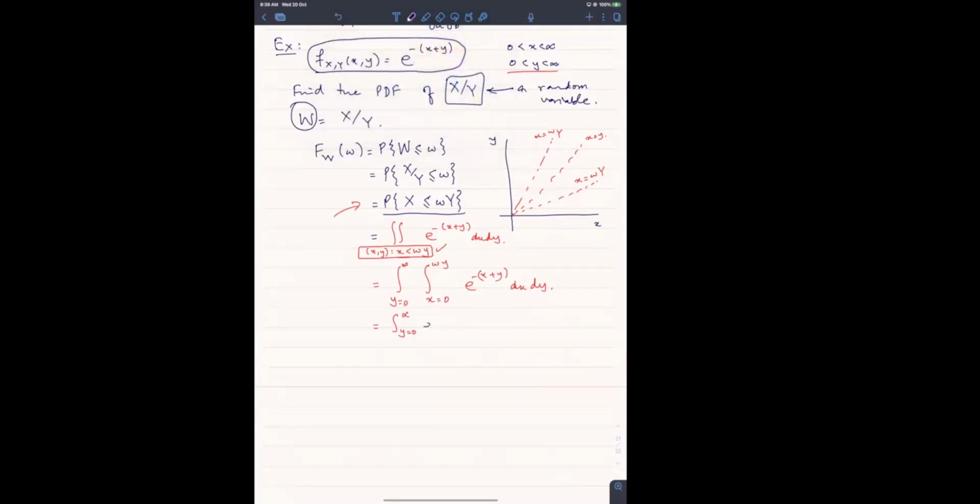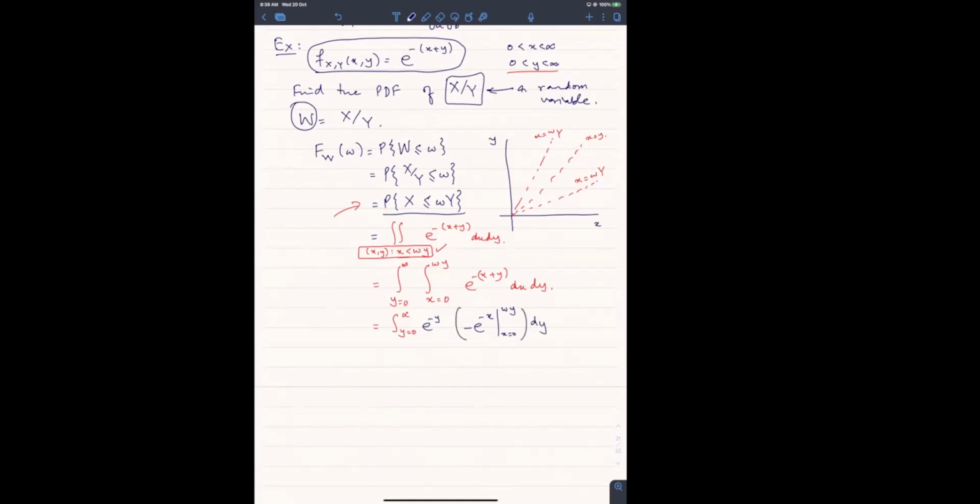So e to the minus y तो मैं वैसे ही बाहर खींच सकता हूँ. So x going from 0 to w times y, e to the minus x, which would be minus e to the minus x, उसका integral, and then put the limits x going from 0 to w times y and dy.